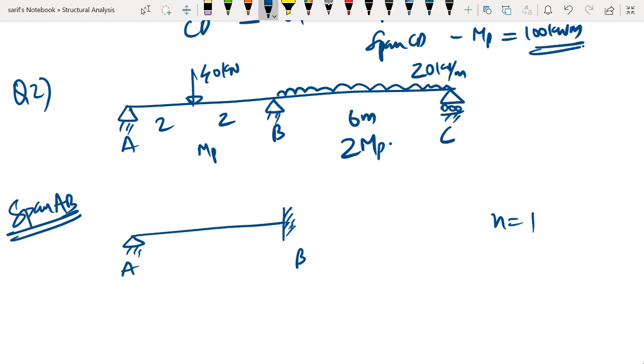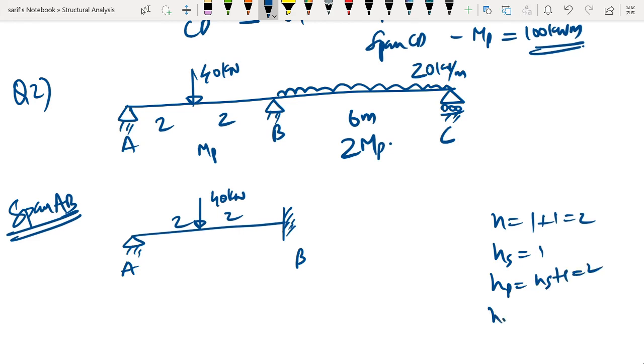So n is equal to 1 in number of possible hinge locations. One is at the fixed support, second one is under the load, so it is 2. Degree of static indeterminacy is 1. Number of plastic hinges required to form a mechanism is ns plus 1, that is 2. Number of mechanisms is n minus ns, that is 1. So a plastic hinge will be formed in this fashion.